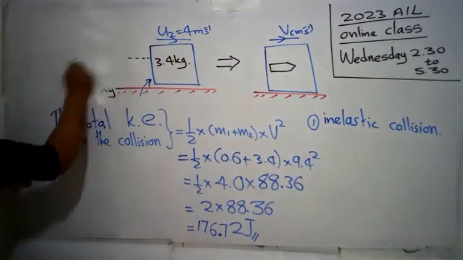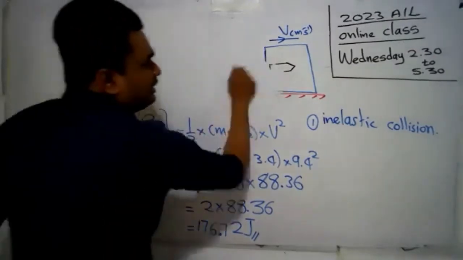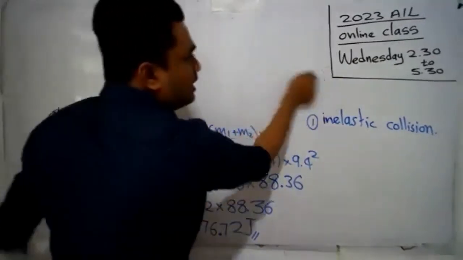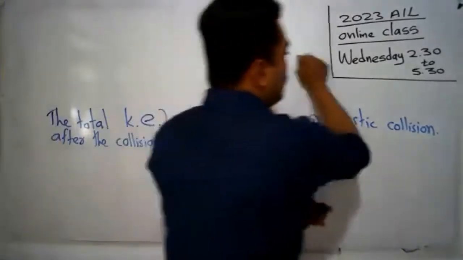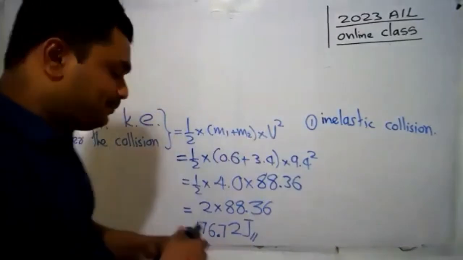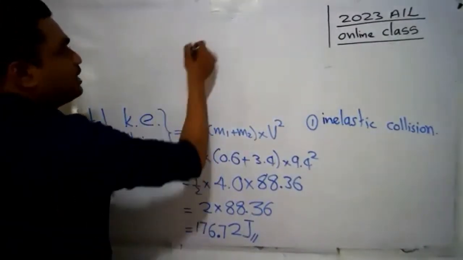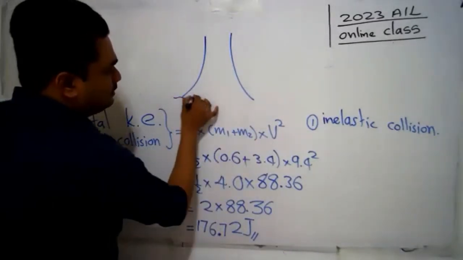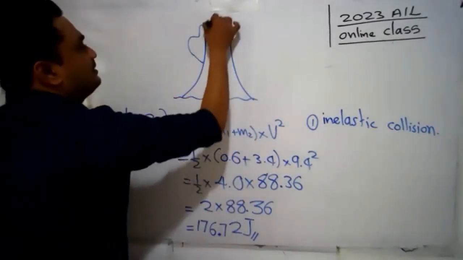And the other thing, here it is fired towards a wood block. Let's say this is fired towards a tree. Then what will happen? There is a tree.